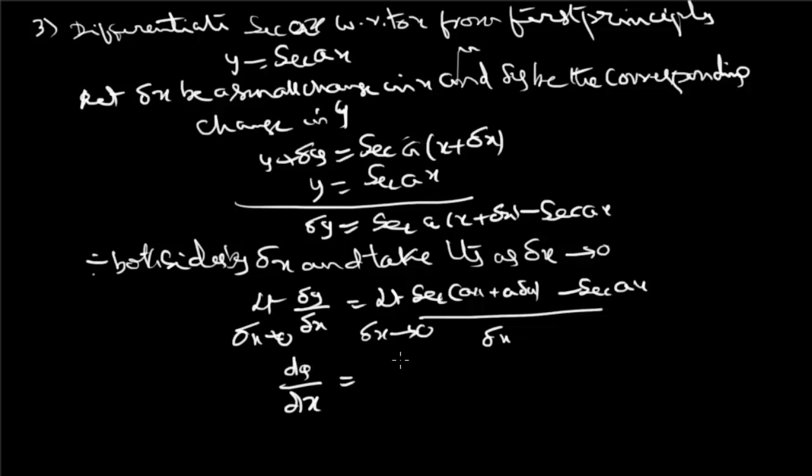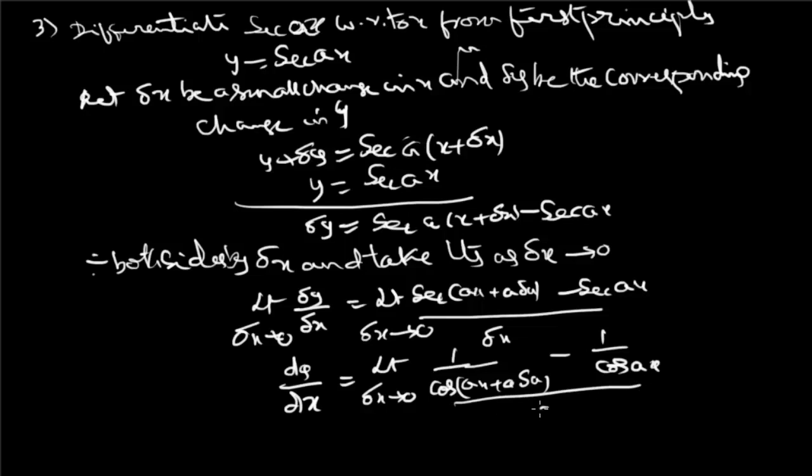Right hand side, secant c minus secant d, there is no formula. Secant is written as 1 by cos. Limit delta x tending to 0 of 1 by cos of ax plus a delta x minus 1 by cos ax, whole divided by delta x.